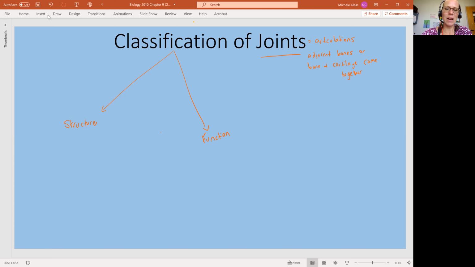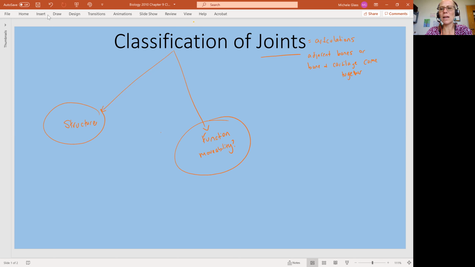This is talking about how much movability is present in that joint. And what we'll see is that every joint can be classified by both its structure and its function. So these are like overlapping sorts of categories.